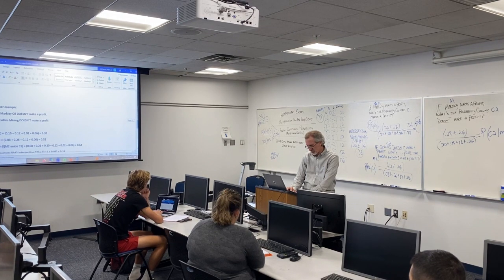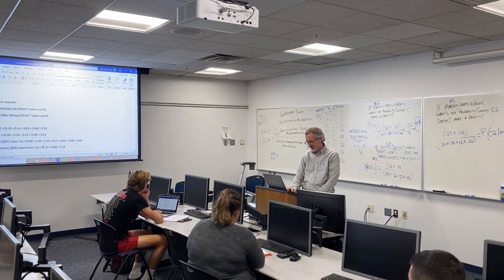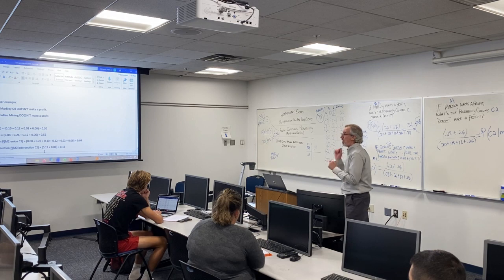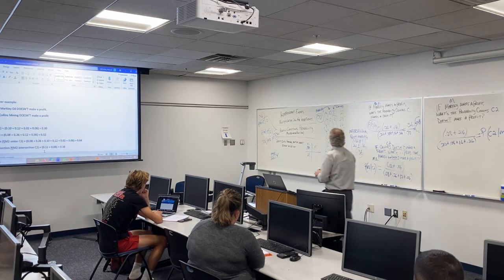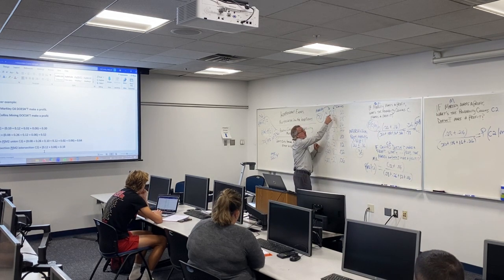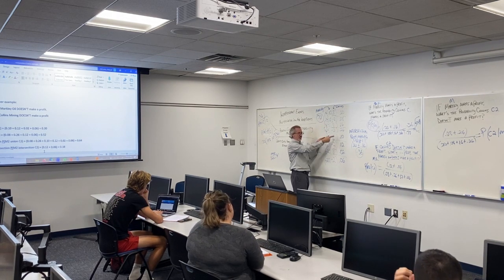Let's take a look. Is that the way I went? No, I went with the union. Why? No, let's go with the intersection. The intersection, where both Collins Mining and Markley Oil are both not making a profit at the same time. Here we go. They're both not making a profit.